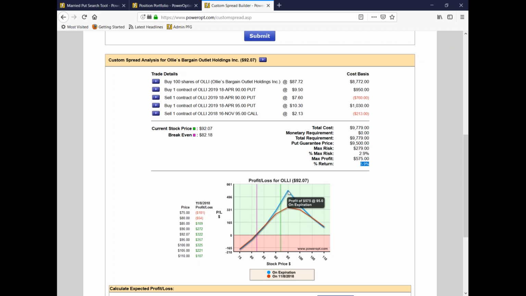Still have potential max 6% profit, but if it stays below 95 and this call expires worthless, we can just sell it again, and now we could take that risk almost bulletproof. We get another $2 for selling the December call at 95 or maybe 100 at that time, depending where the stock is. You might be able to cancel all of the risk and have a no-risk position.